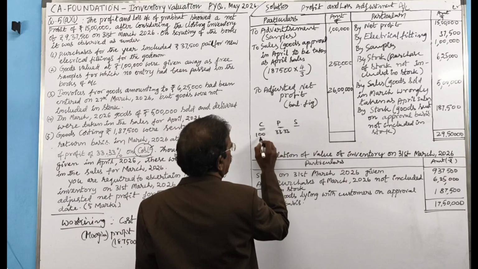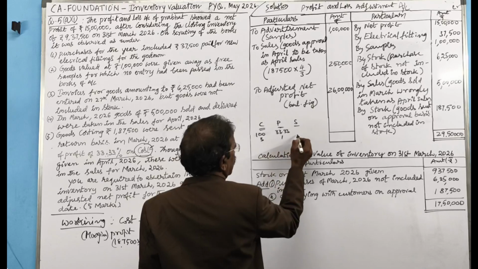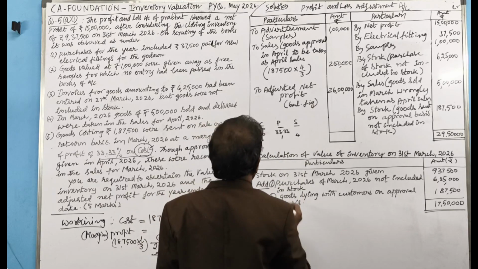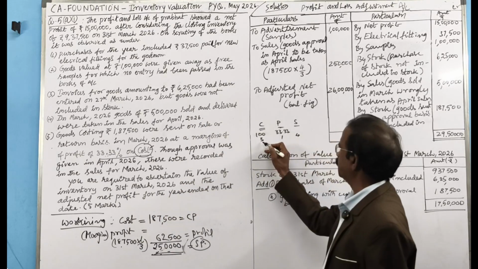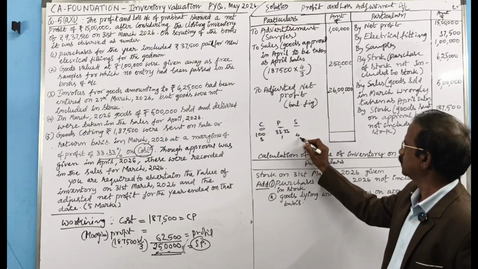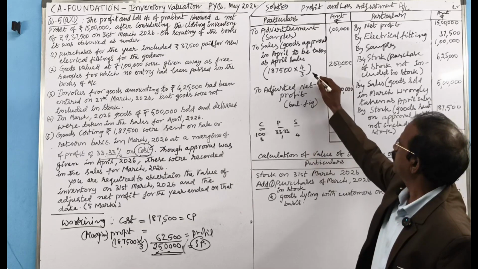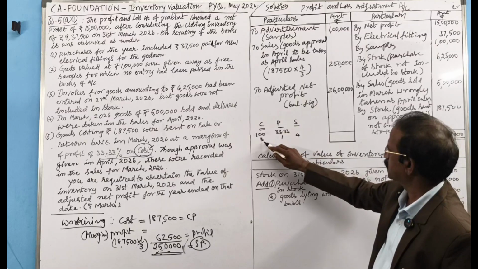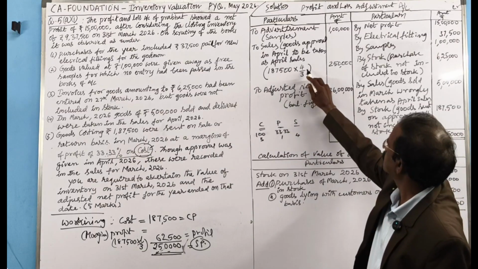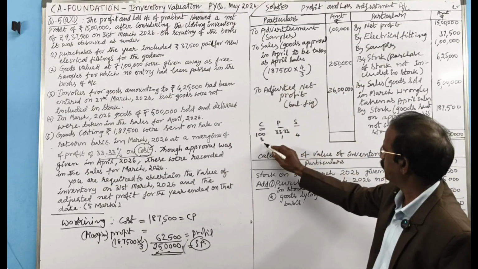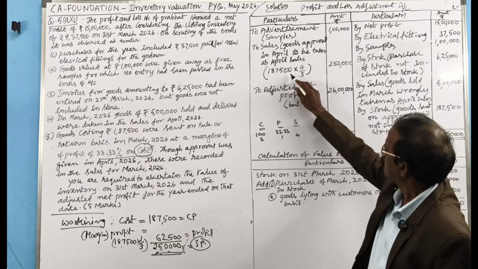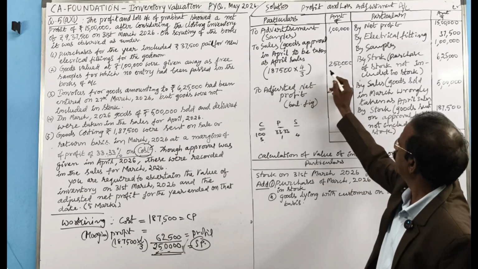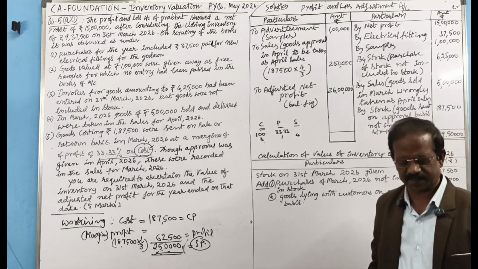And the ratio of these two is 3, 1. 3 plus 1, 4. So now cost equals 3 parts, sale equals 4 parts. That's why you can take like this. Cost divided by cost ratio into sale ratio, 4 by 3. This way also you can calculate.